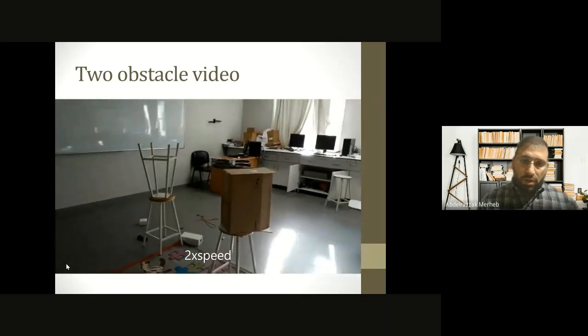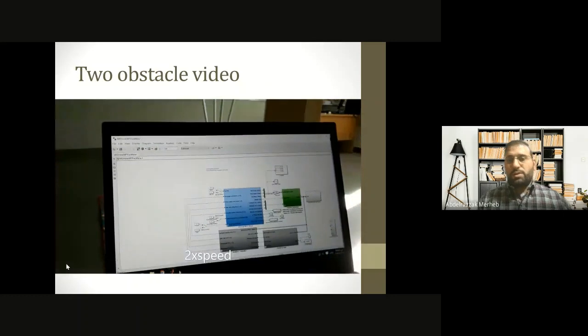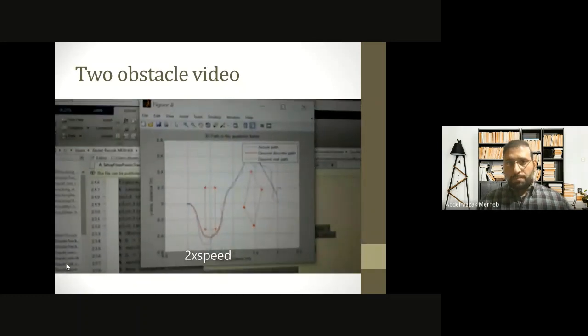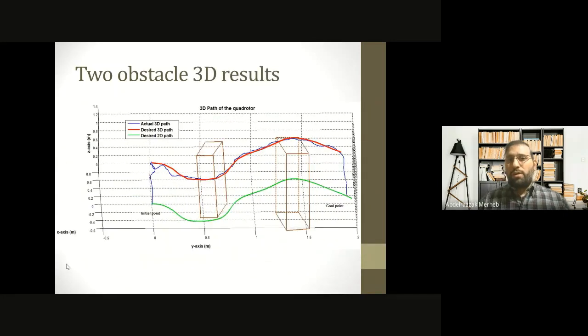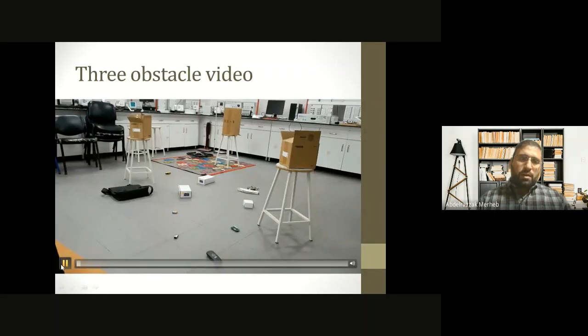Again, here we have only two obstacles, and as you can see here, we have the path in 2D. This is the path in 2D of the experiment, and here we have the 3D path of the quadrotor.